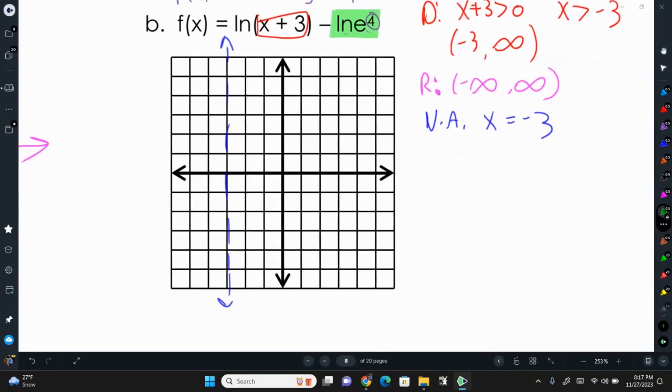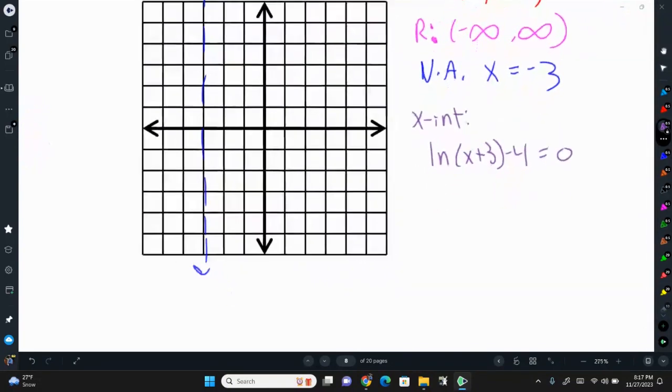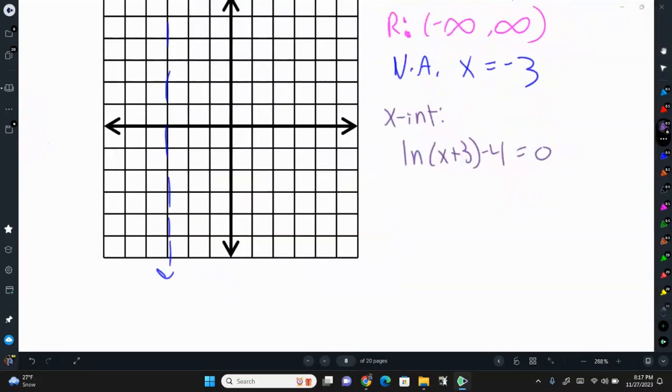So we're going to find our x-intercept first. So for our x-intercept, we're going to set the ln of x plus 3 minus 4 equal to 0. Well, we know that the ln is log base e. So this can be rewritten as, if we want to write it out, log base e of x plus 3 minus 4 equals 0.